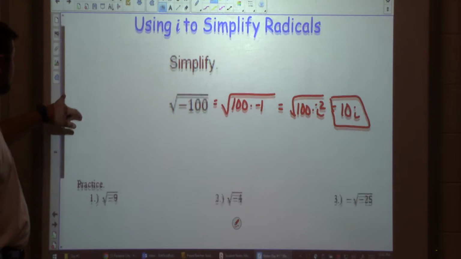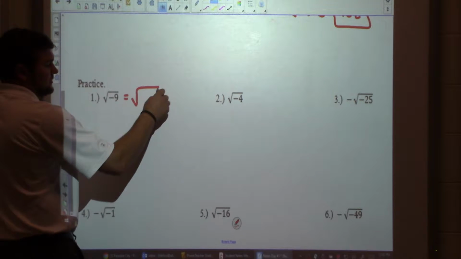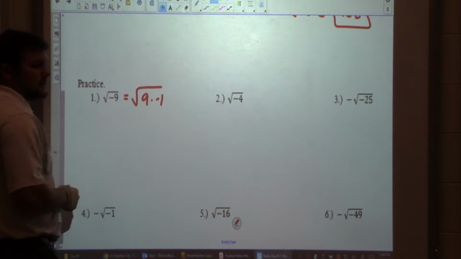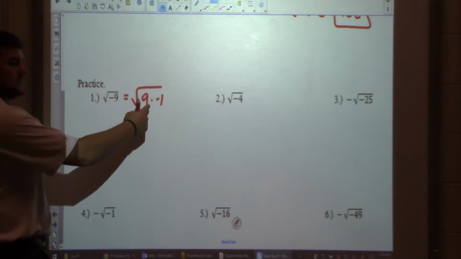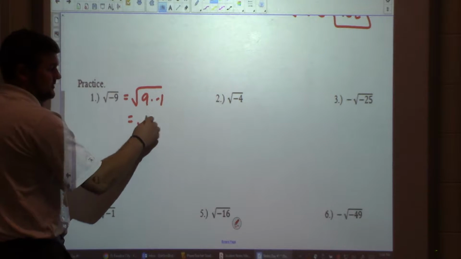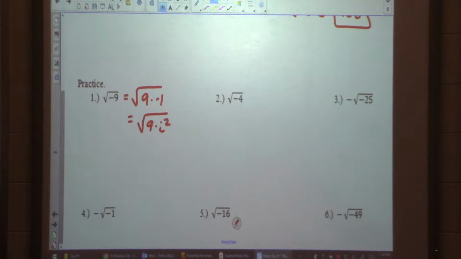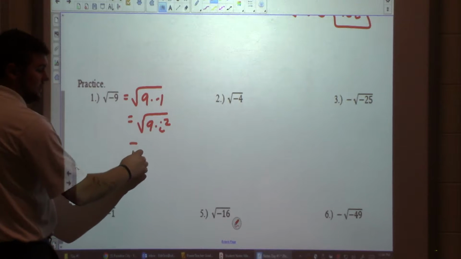Alright, the first practice, square root of negative 9. That's the square root of 9 times negative 1. What's negative 1 the same as? i squared. I told you I'm going to ask you that a million times this unit. So I get the square root of 9 times i squared. The square root of 9 is 3.